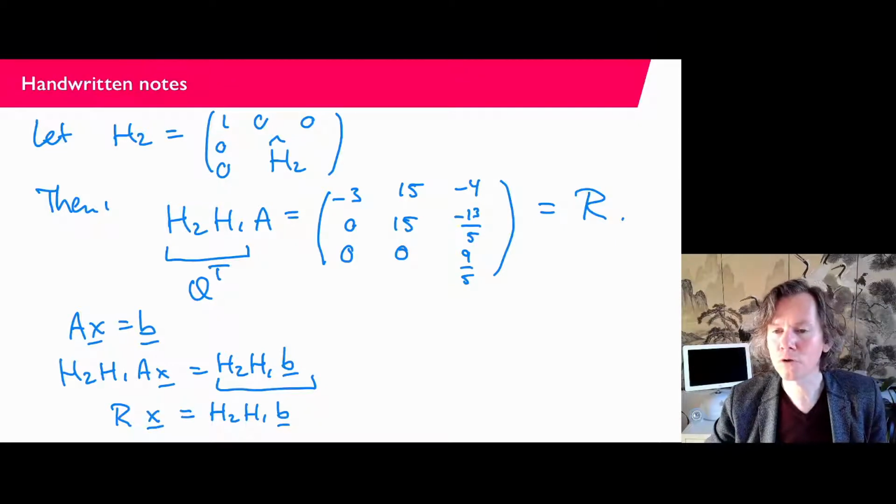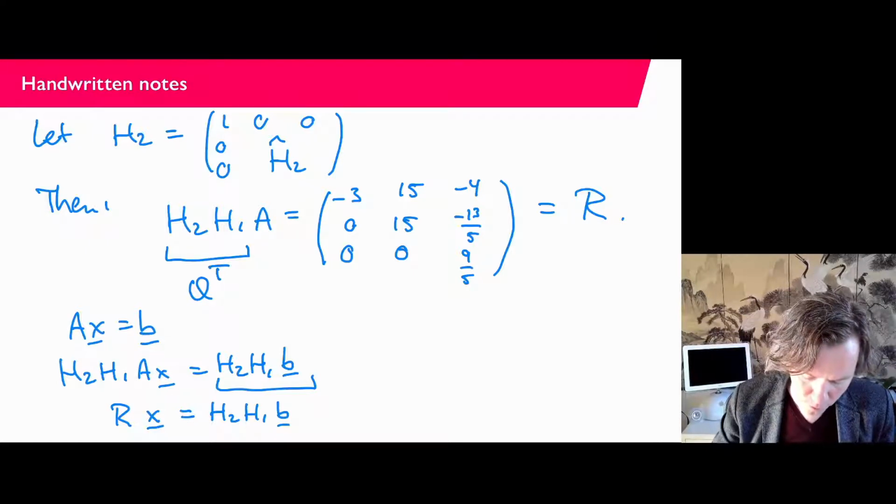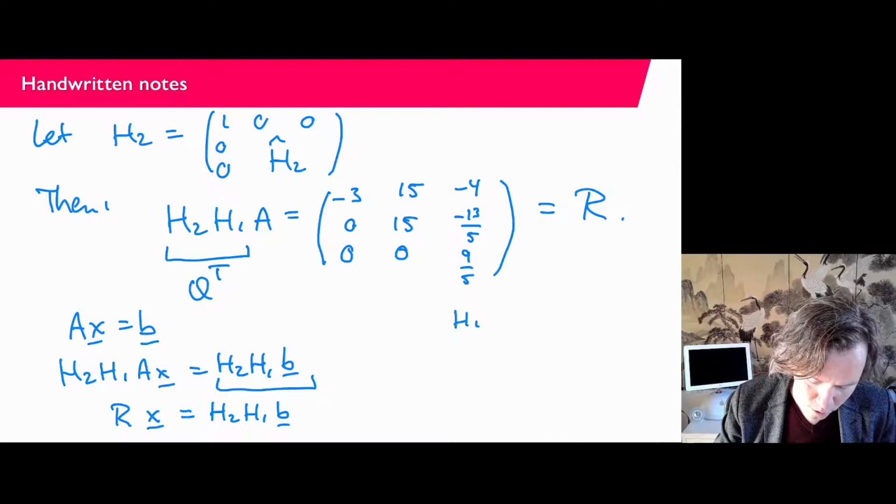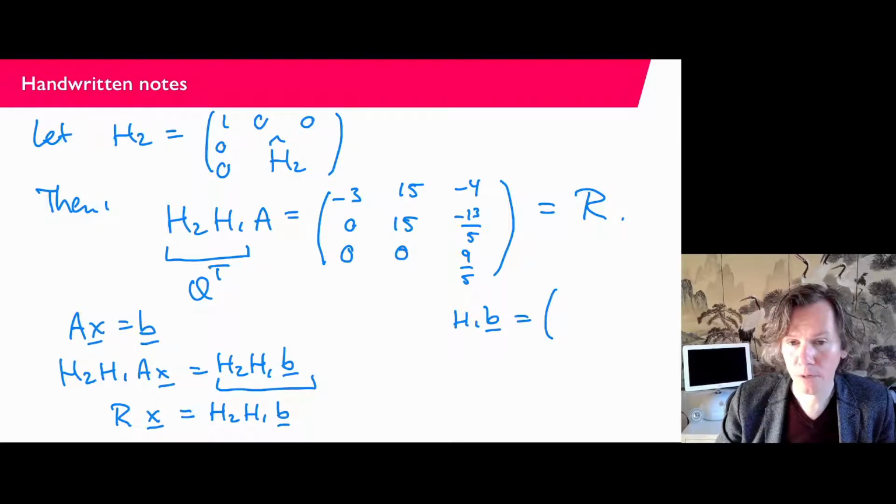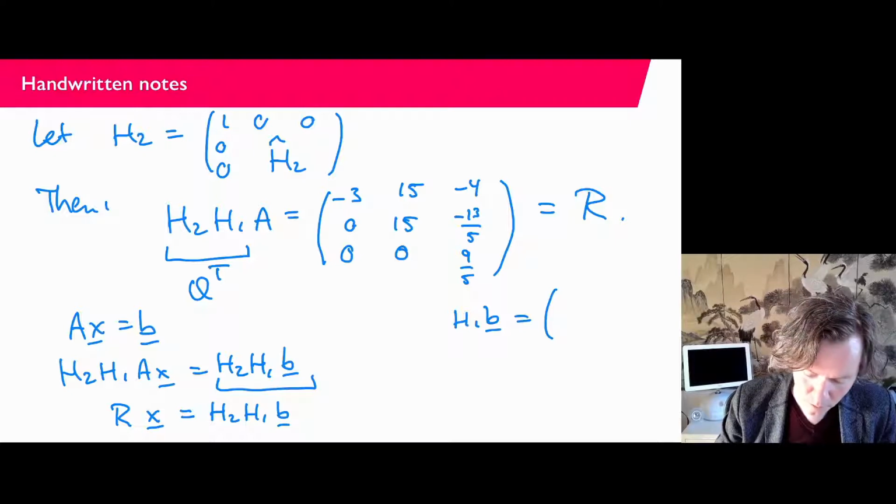Now if you compute those things, I did that on a bit of paper as I told you, then you will find that H1 applied to B should equal 21, minus 9, 21.